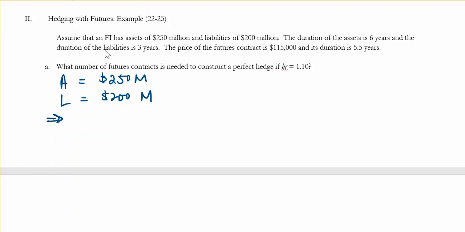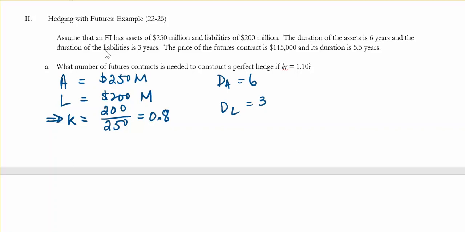Let's calculate the leverage ratio. Remember, that's liabilities over assets. So 200 over 250, the leverage ratio is 0.8. The duration of the assets is 6 years. The duration of the liabilities is 3 years.